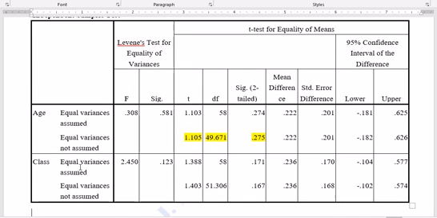Is that taken? Now let's go to class. Now look at class 2. Equal variance assumed, equal variance not assumed. Can you see it now? Okay. And the t-test we have there too, we have this, which is equal variance assumed. Now you go to equal variance not assumed, which is this, together with your significance level. Let me just paint it to be sure that that's what we are dealing with.